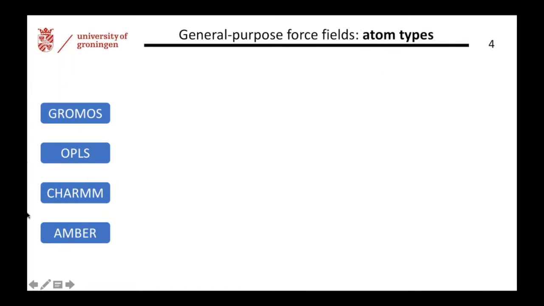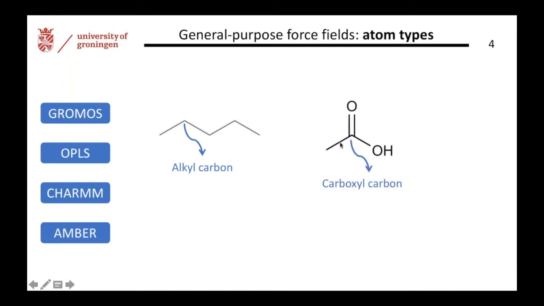There are some very well-known examples of this. Probably you have heard of some of them. And what these force fields do is that they determine the atom type of an atom based on its chemical environment. So here we can say that this is an alkyl carbon, this is a carboxyl carbon, and this is an ether carbon.